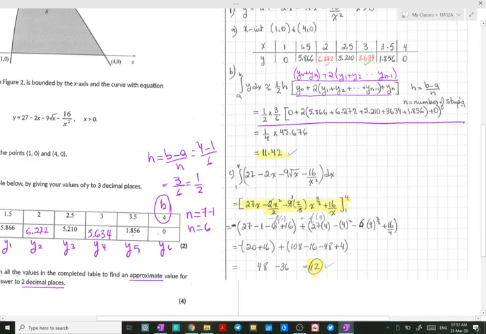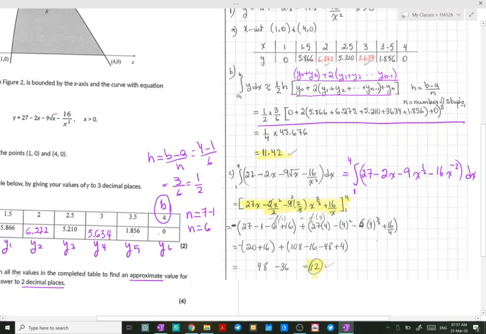changing the square root. You have to change it into a form that you can integrate. So the integral of 27 minus 2x minus 9x to the half minus 16x to the minus 2 dx.